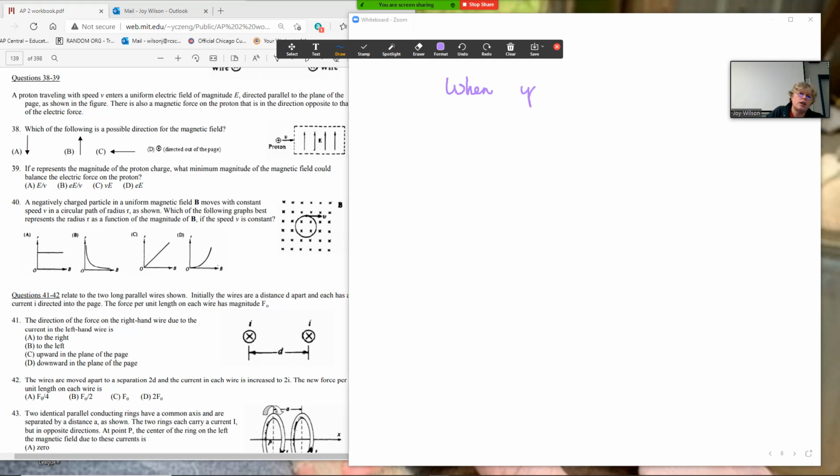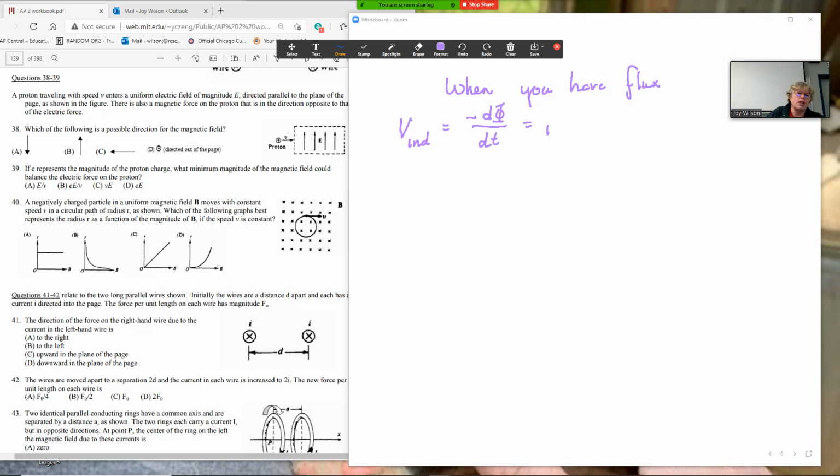When you have flux, you will get an induced voltage that is change in flux over change in time.